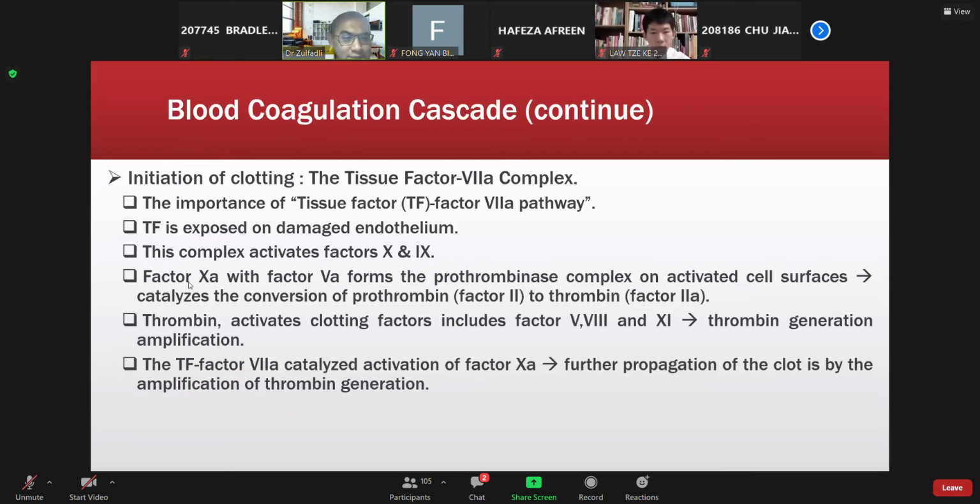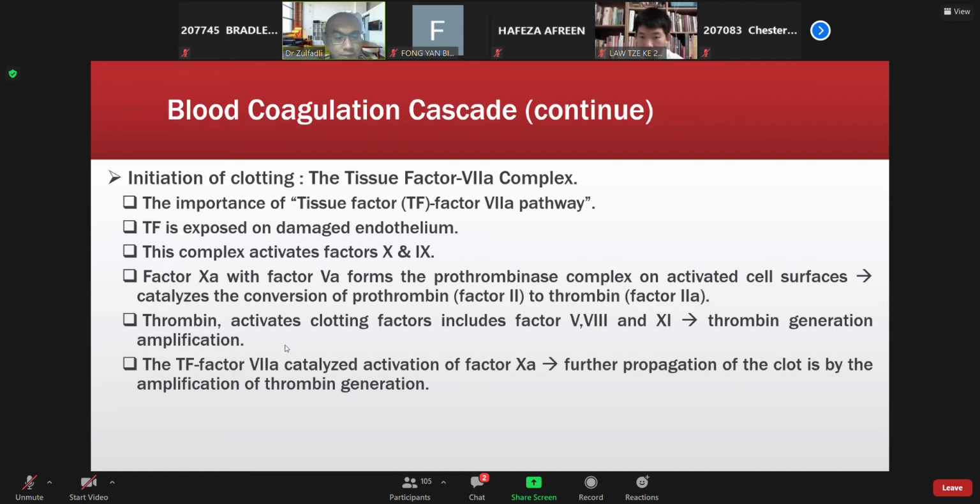Then factor 10A with factor 5A forms the thrombinase complex on the activated surface. These are needed to convert prothrombin, factor 2, to thrombin, factor 2A. Thrombin activates clotting factors including factor 5, factor 8, and factor 11.